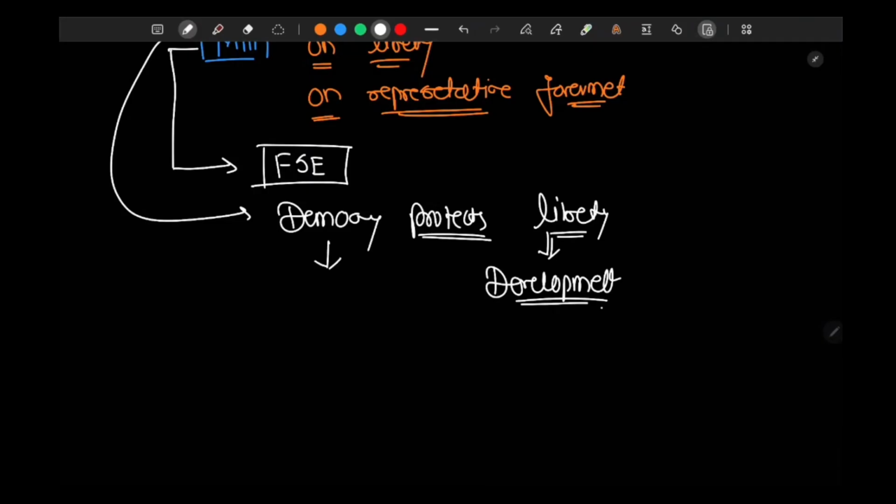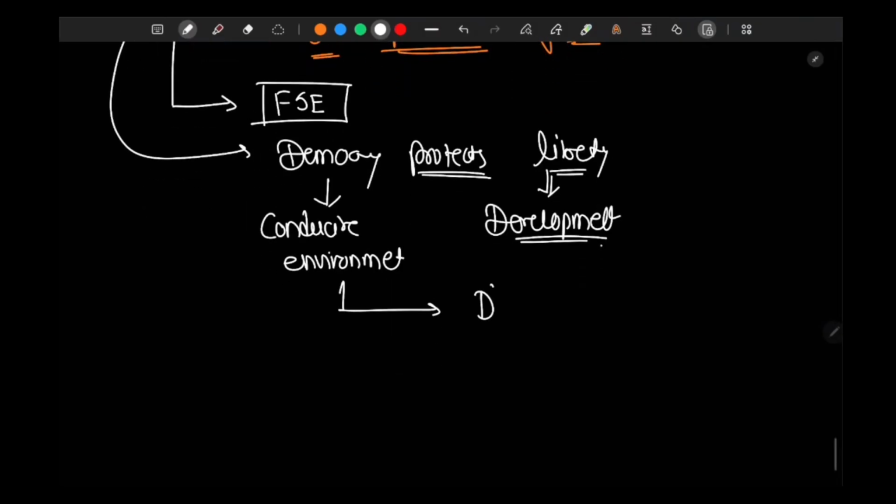So according to Mill, democracy is needed for, and democracy performs the function of providing, a conducive environment for the development of potentialities.